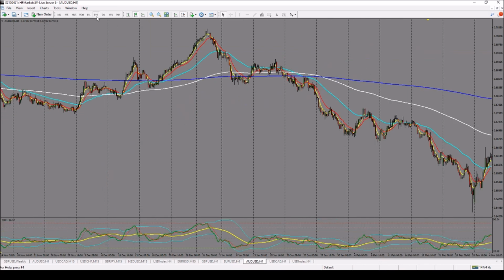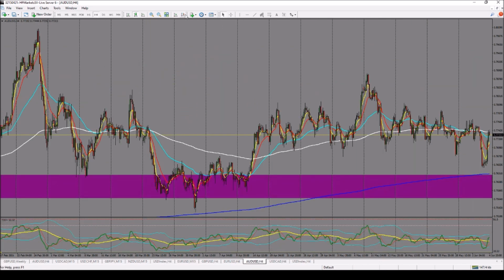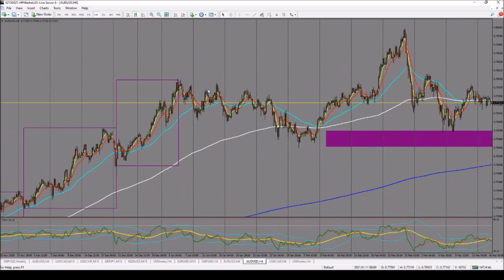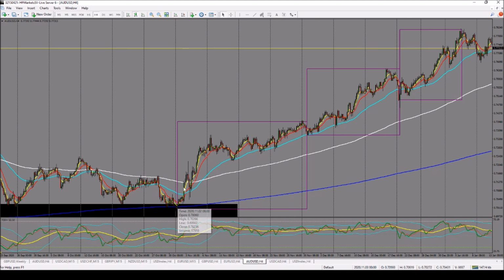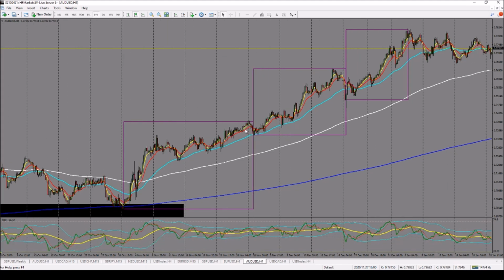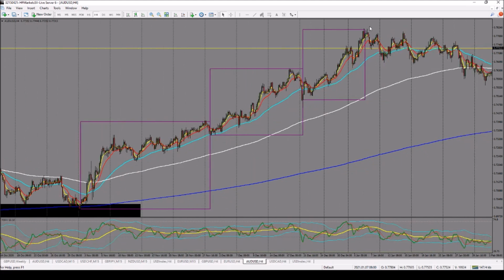Let's go on the H4 time frame so that we may see the H4 levels. As you can see, from this point, we had the first H4 level separated from the second one by the bounce. There was some consolidation and bounces, several touches on the blue EMA, then the second level, and then the last level. On the last level, we can see that this H4 was also segmented in 3s.